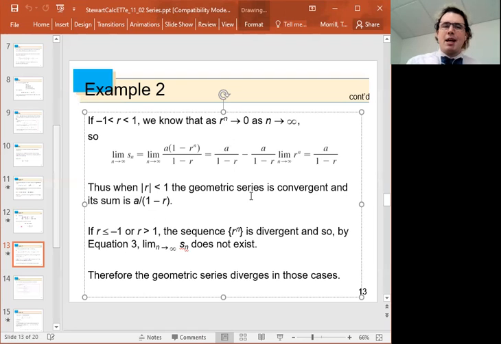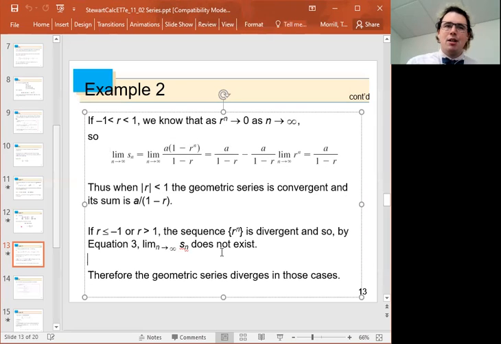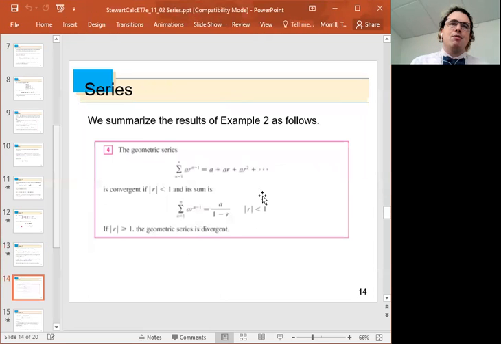Well, in both of those cases, the sequence consisting of just r to the power n diverges. So the r to the power n in this formula diverges. That means that the limit of the partial sums does not exist. So just depending on r, we can figure out whether or not the geometric series converges.